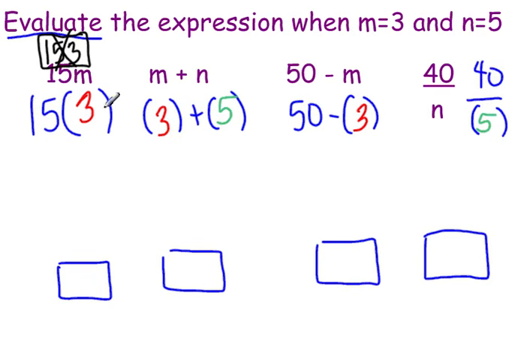When I have my parentheses here, it's easy for me to see that I'm supposed to multiply these two numbers together. So 15 times 3, the answer is 45. 3 plus 5, the answer is 8. 50 take away 3, the answer is 47. And 40 divided by 5, the answer is 8.